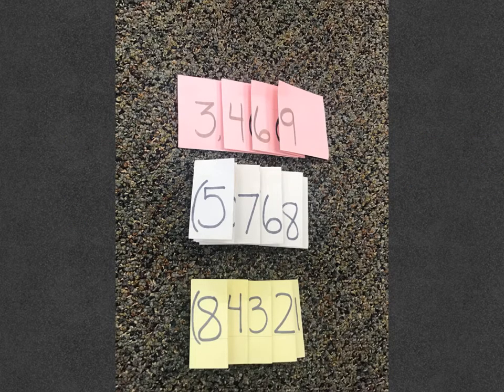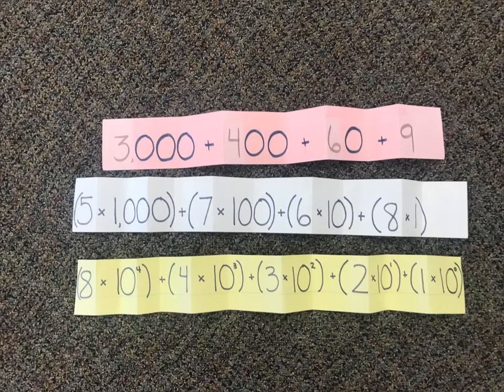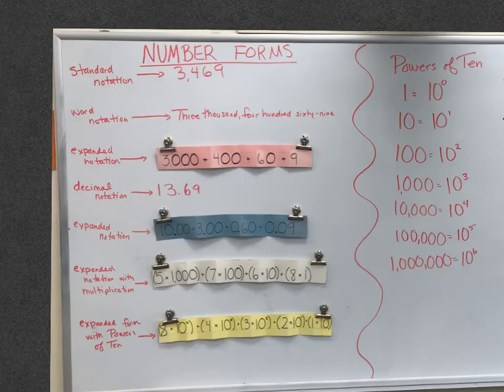And this would be an example of my accordion number. So this is going to be your expanded form. This one's the expanded form with multiplication, and this is the expanded form with exponents. So when they're all spread out, this is what it looks like. This is what I mean by my accordion numbers. You stretch them out. Okay, and this is an example of all the different forms that we've talked about.